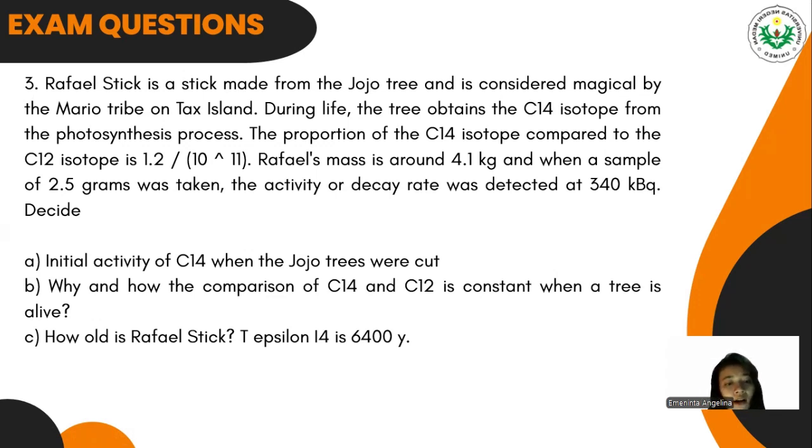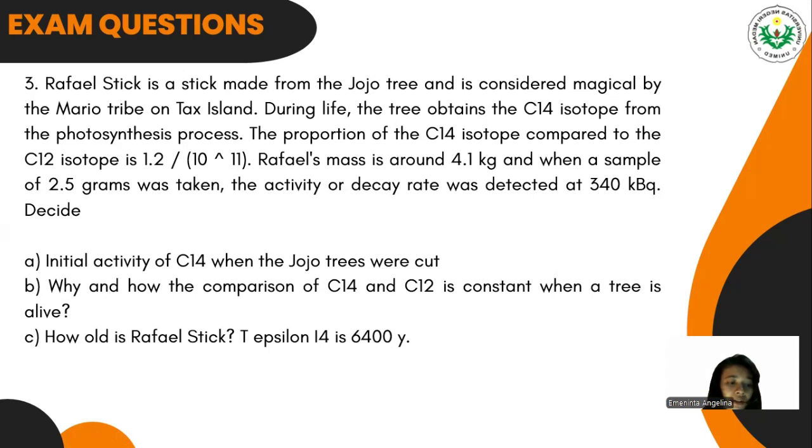Raphael's mass is around 4.1 kilogram, and when a sample of 2.5 grams was taken, the activity of the carbon was detected at 340 kBq. A. Decide the initial activity of C-14 when the Jojo tree was cut.